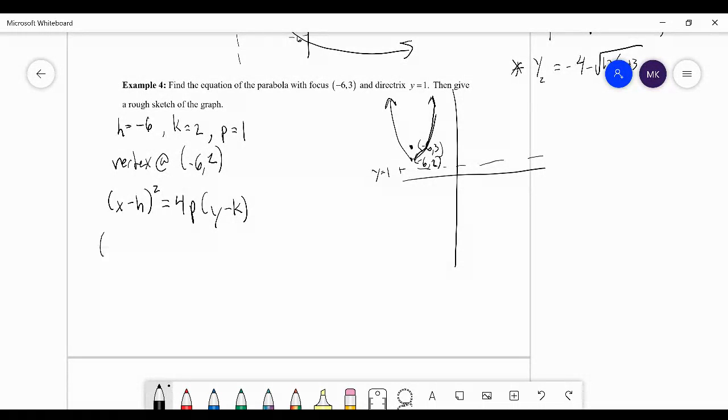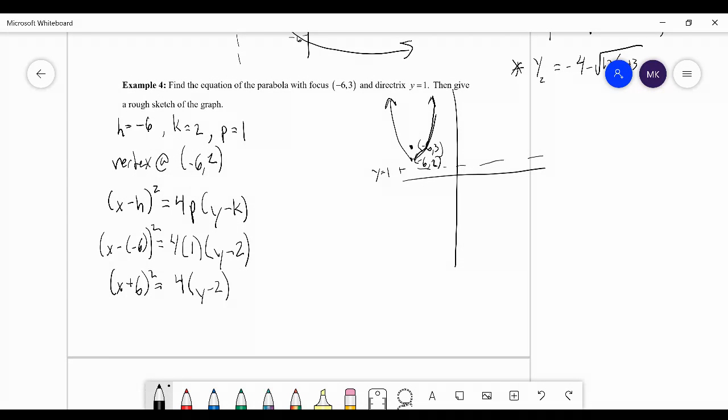And so we get x minus h, which is -6, squared, and then our p value is 1, and our k value is 2. So I can simplify this left-hand side. X minus -6 is just x plus 6, and 4 times 1 is just 4. And there you have it.